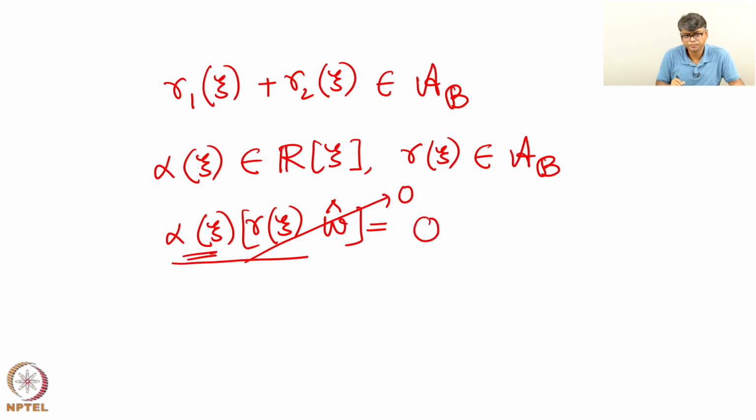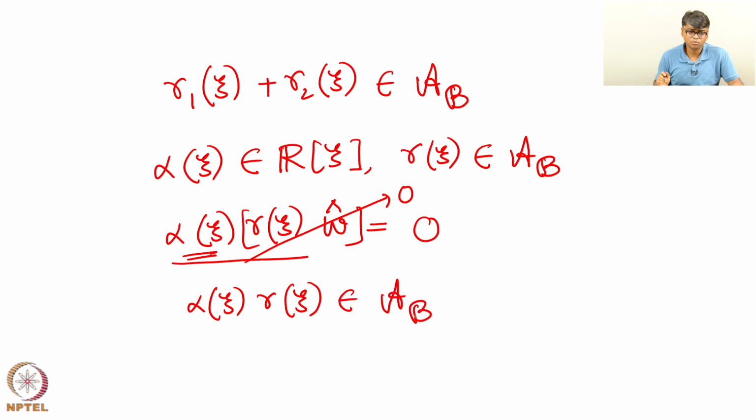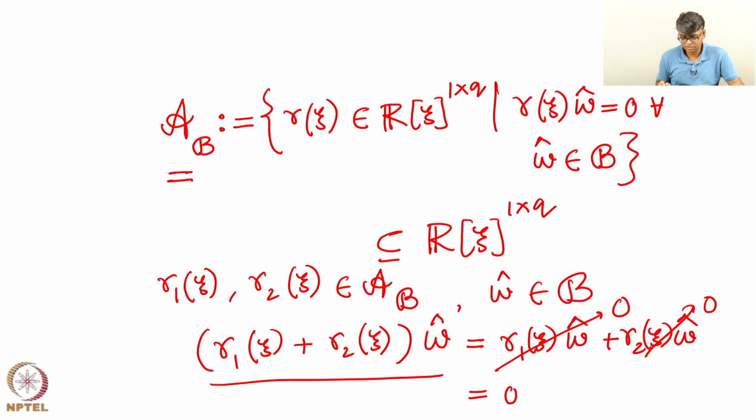So this is 0, which means alpha xi r xi must also be an annihilator. Great, no? So the annihilator is indeed closed under addition and closed under scalar multiplication, which corroborates the fact that I had just mentioned, that this is a submodule. It's an annihilator submodule.